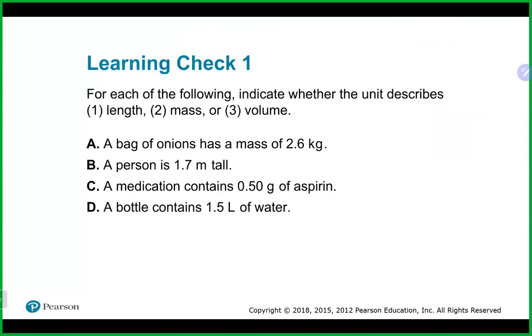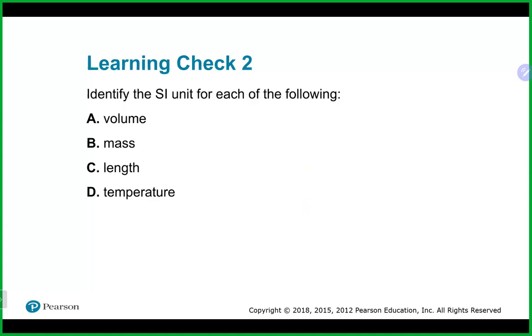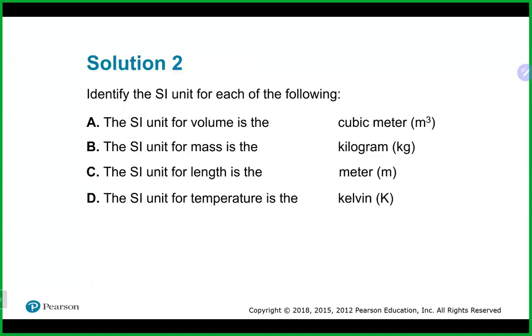All right. So for each of these, let's talk about what type of measurement we're talking about here. We have kilograms, which is a mass, right? Meters is a length, right? Grams is a mass as well, and liters is a volume, right? Perfect. That recognition is really important so that you understand what you're talking about.